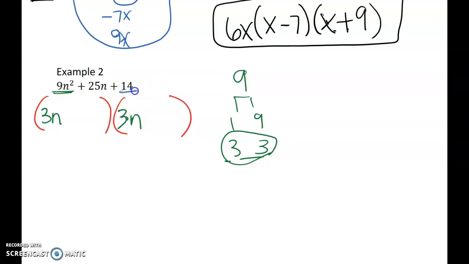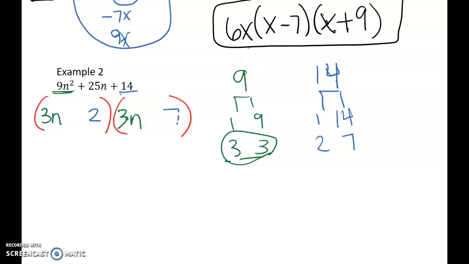And the last term, 14, is 1 and 14 and 2 and 7. So I'm going to try 2 and 7.